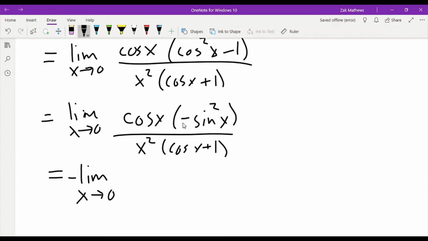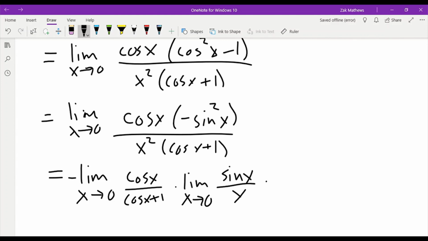So this negative here I'm dragging to the front. The cosine x over the cosine x plus 1, none of that was causing me any problems. I'm going to break off into its own limit the sine x over x and another limit of sine x over x.